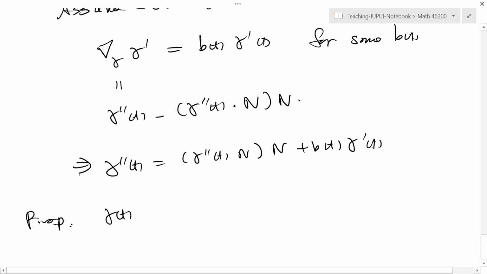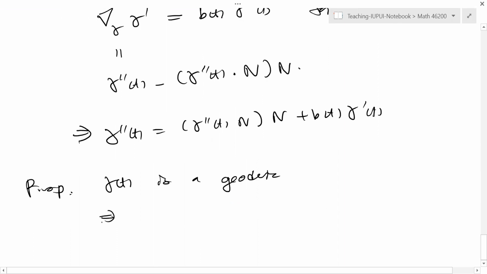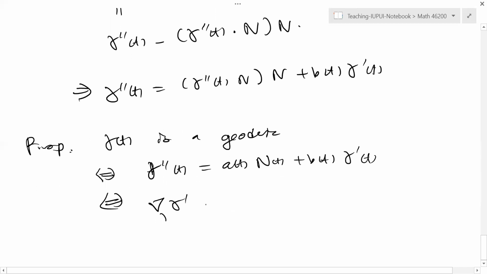Gamma(t) for an arbitrary parameter is a geodesic if and only if, by definition, the geodesic curvature is 0, if and only if gamma double prime equals A(t) n(t) plus B(t) gamma prime(t), if and only if the covariant derivative of gamma prime is going to be B(t) gamma prime.